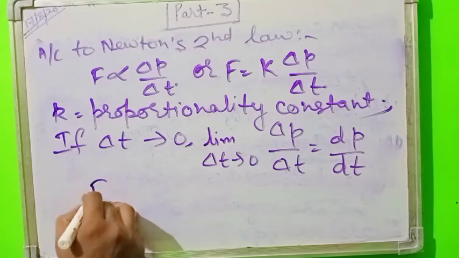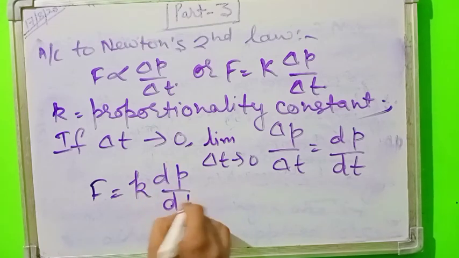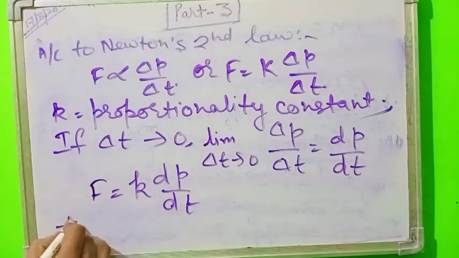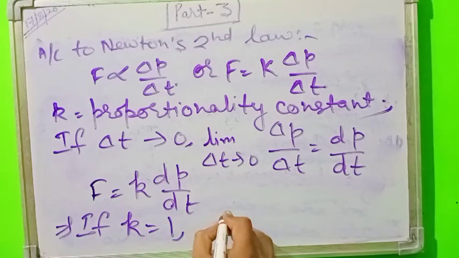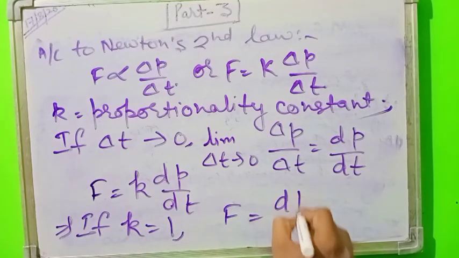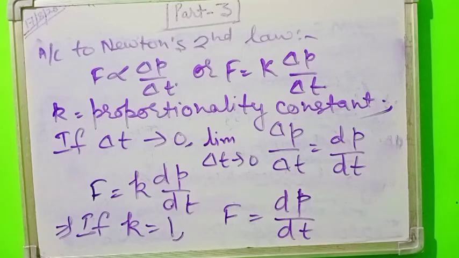So we can write force is equal to K dp upon dt, and if K is considered as 1, then F is equal to dp upon dt.